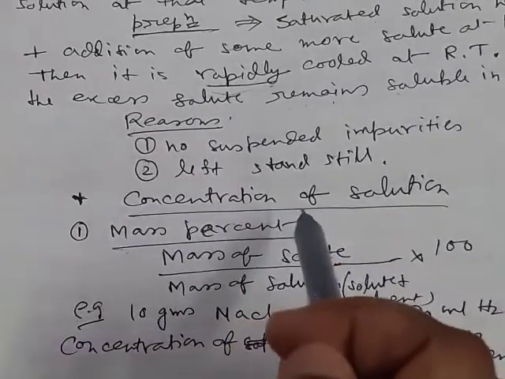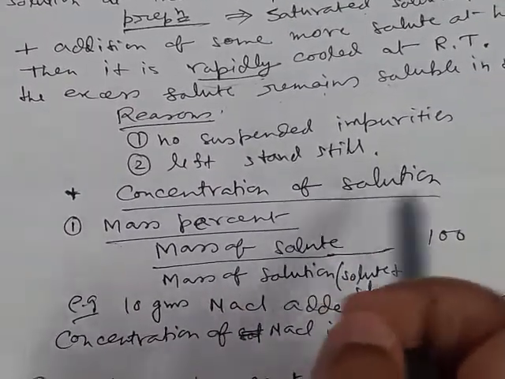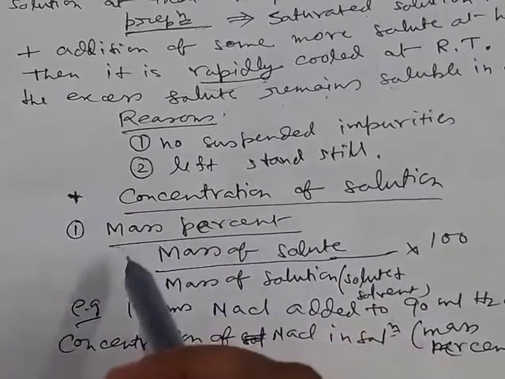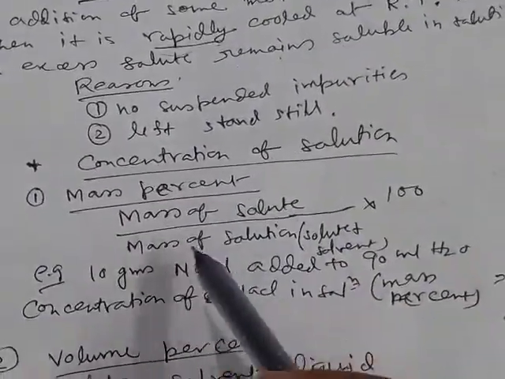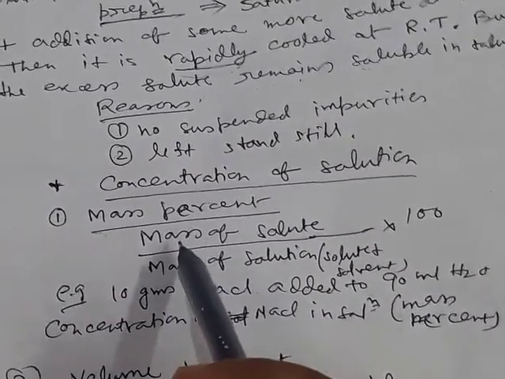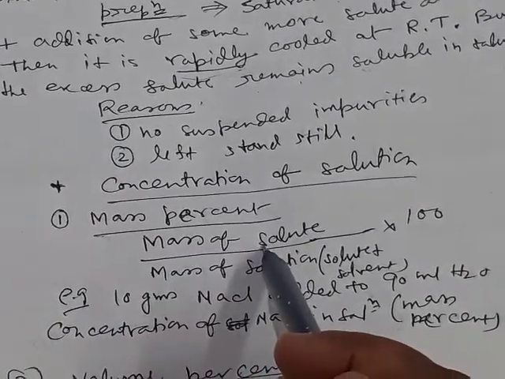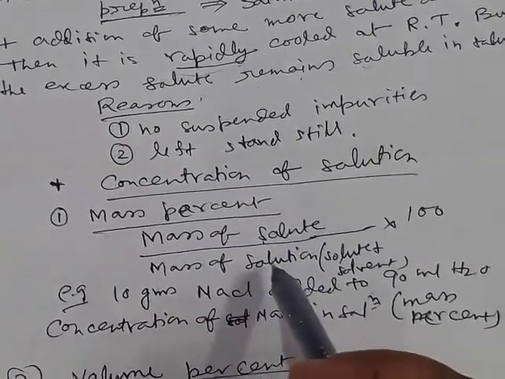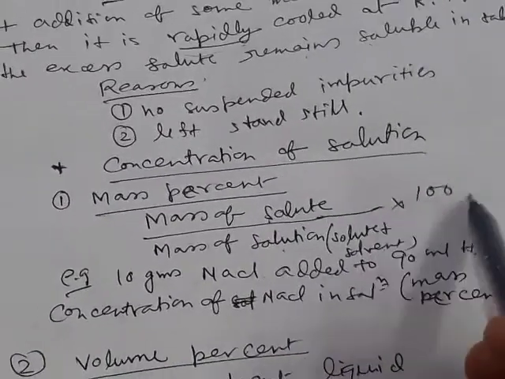Now, concentration of solution. Concentration of any solution can be given through different terms. One is mass percent. Mass percent concentration is given by the mass of solute divided by the mass of solution, that is solvent plus solute, into 100.